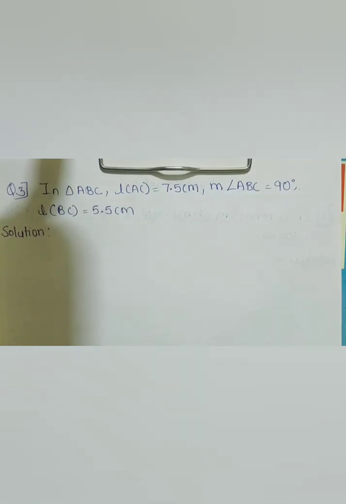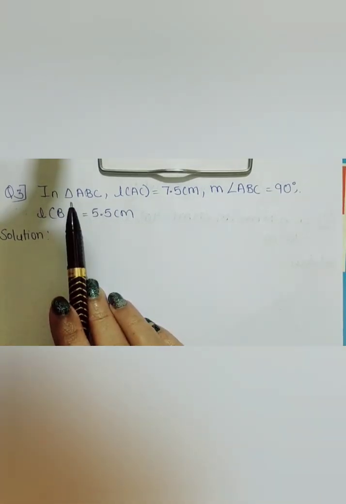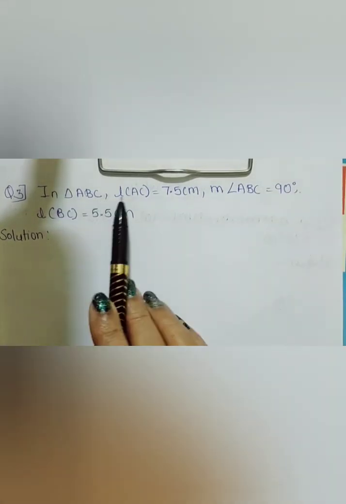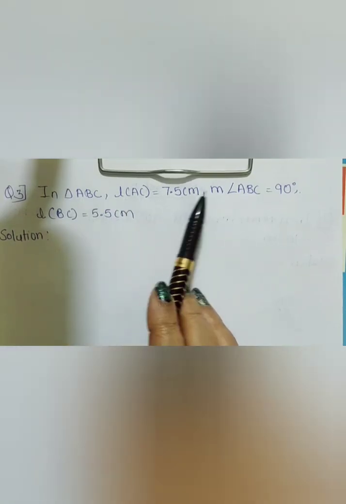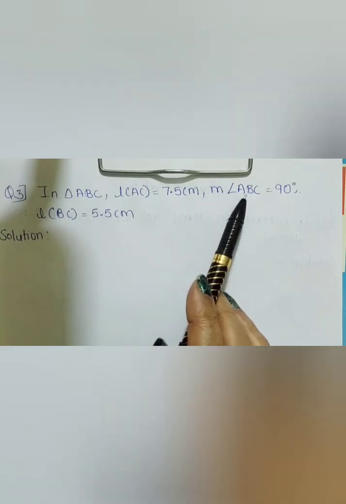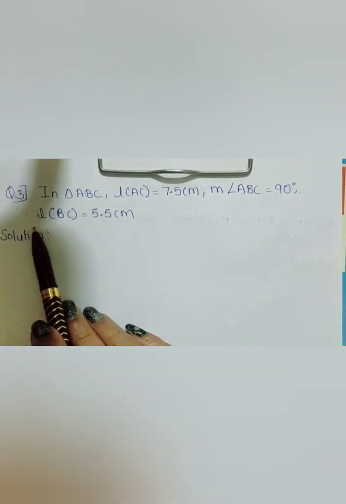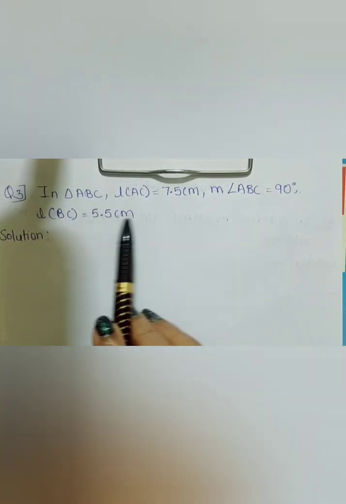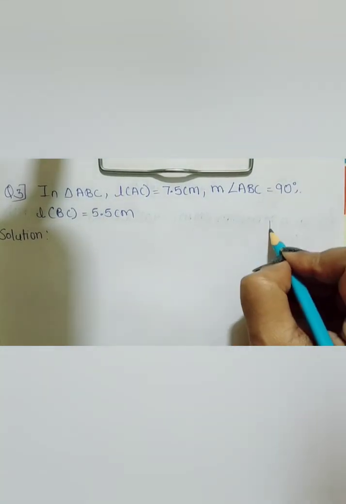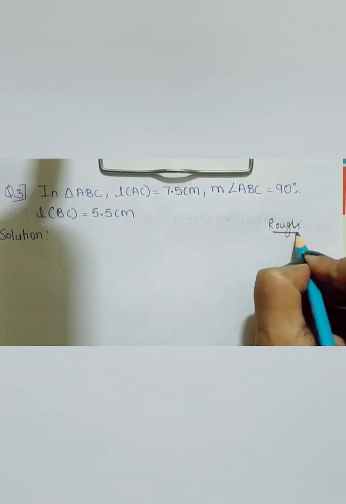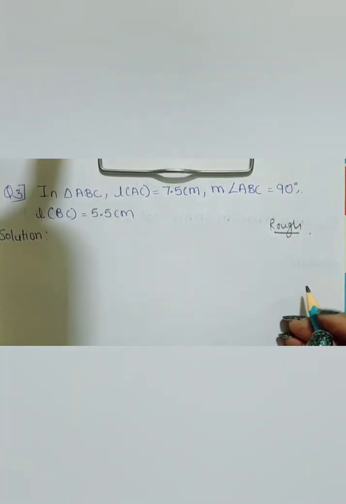Now question number 3 is, in right triangle ABC, length AC is given 7.5 centimeter and measure angle ABC is 90 degree and length of BC is 5.5 centimeter. So first we'll go for rough diagram. Okay. So here our base is BC, that is 5.5 centimeter.